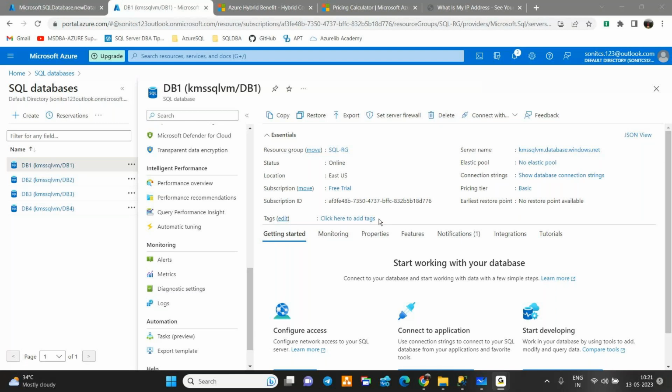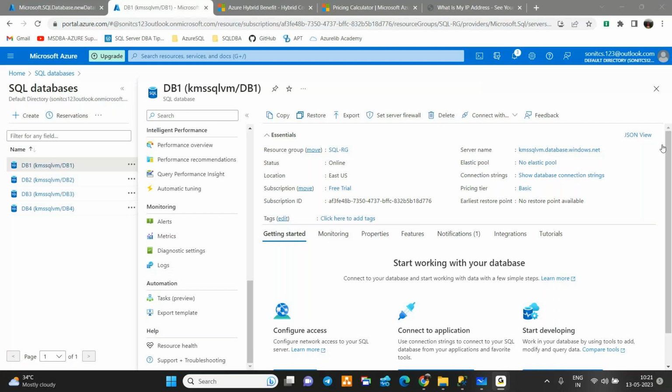What you will do specially, apart from this, is a little bit related to automation, like configuring the alerts, configuring the metrics, and working with intelligent processing, which you will take care of additionally compared to on-premises. Configuring the TDE, working with Azure Key Vault, all that stuff you will do.